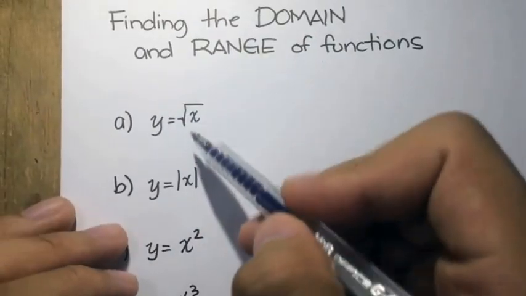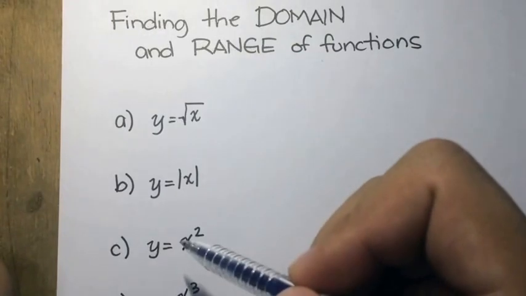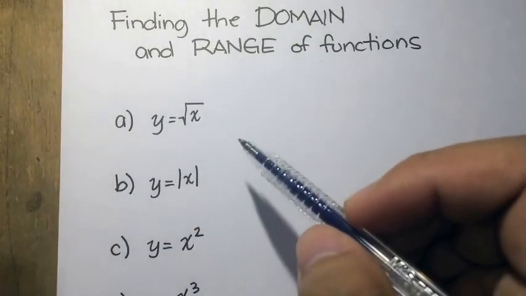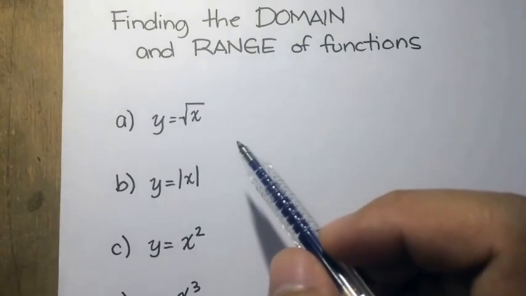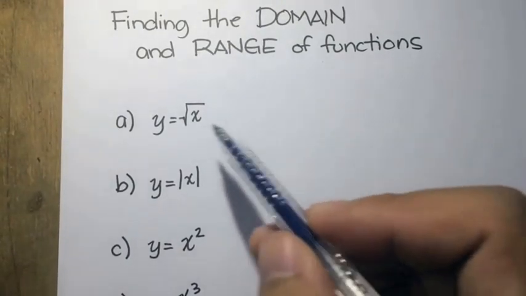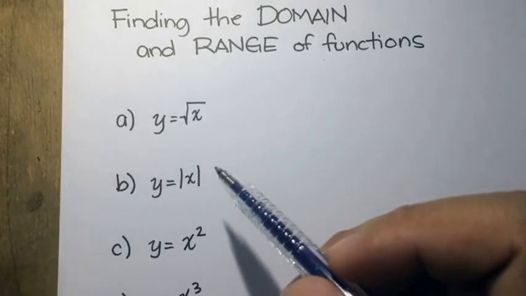So for the first one, y is equal to the square root of x. Now, for a square root, the square root is defined as long as the radicand is not less than 0.